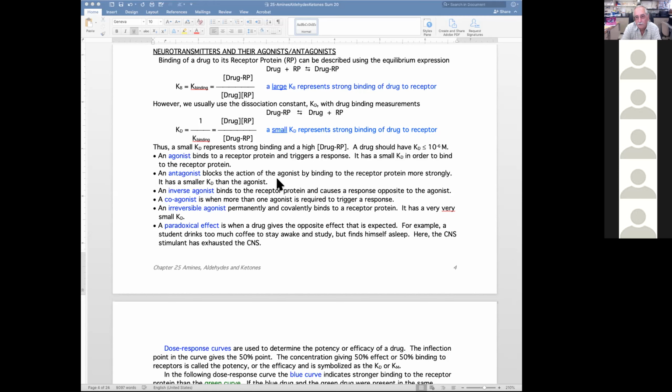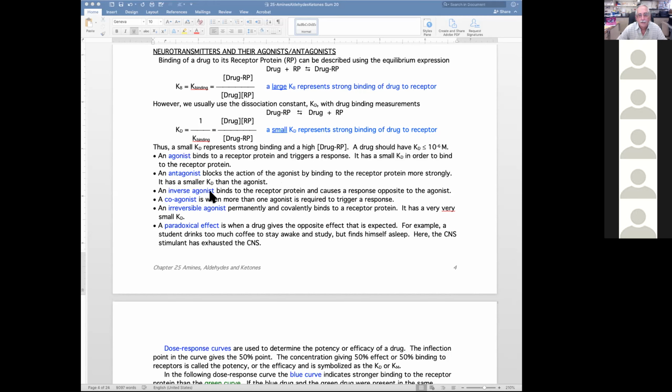Or would it be maybe before, as a prophylactic? If you take it before, the antihistamine or the antagonist binds to the receptor protein, preventing the histamine, the agonist, from getting there and causing the biological effect. So yes, antihistamines should be taken prophylactically.